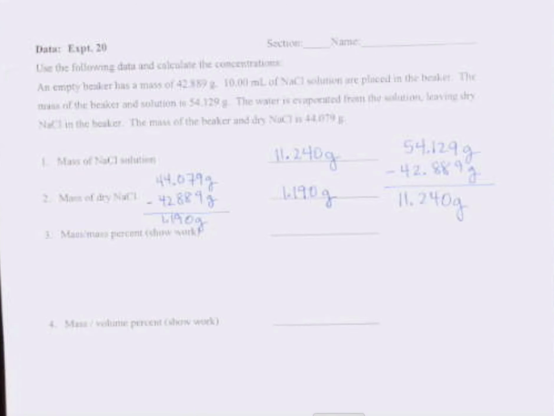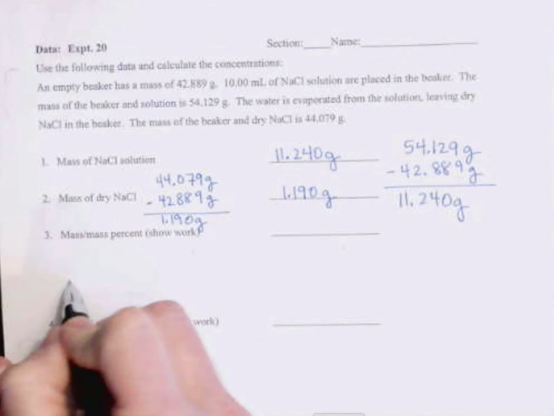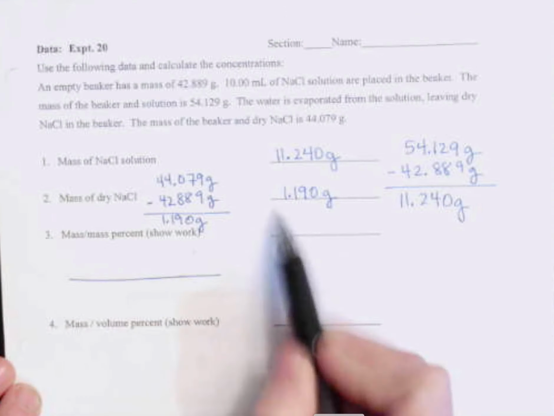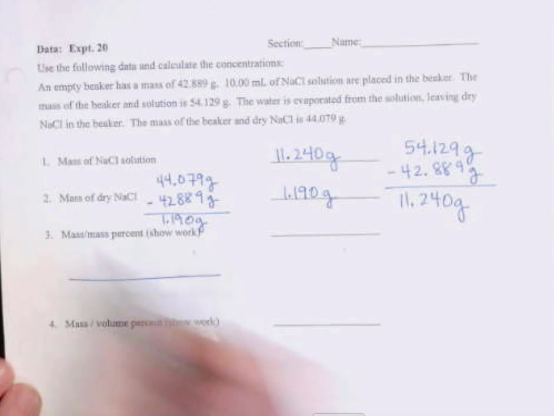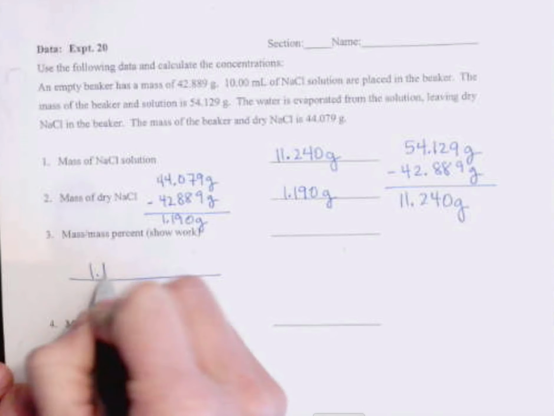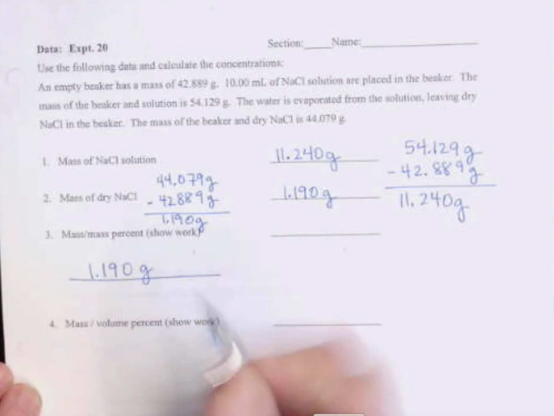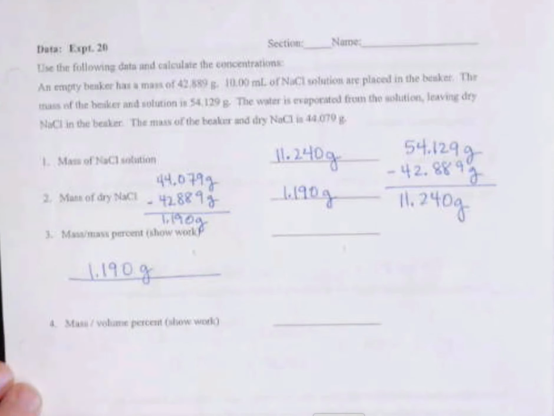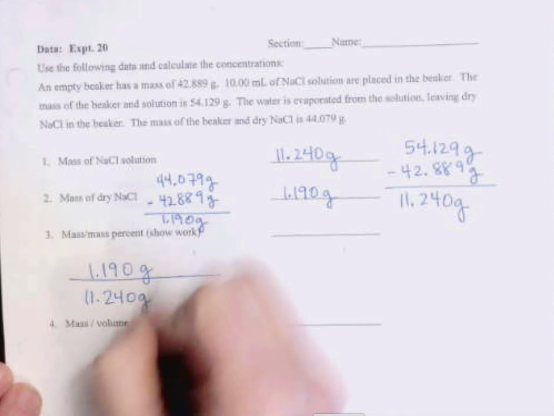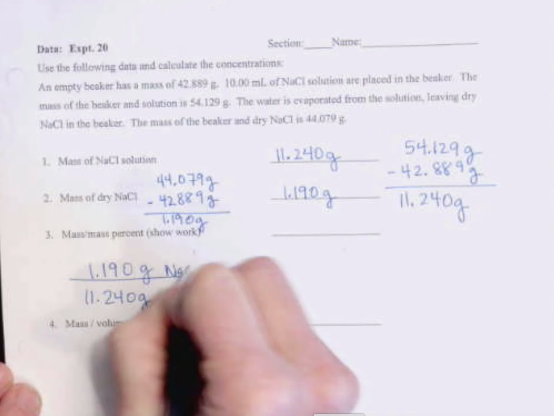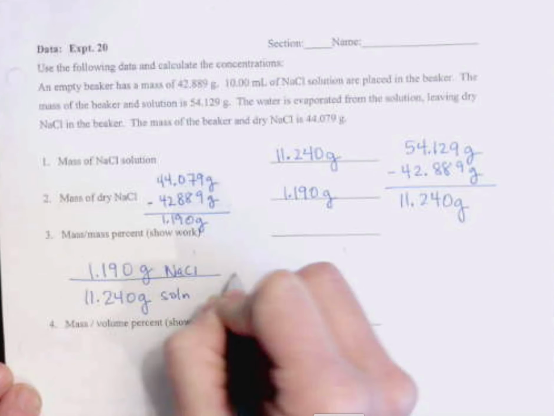So we have a lot of the key information to calculate these next things. So we have grams of solute, grams of solution, so we can very easily calculate the mass percent. When I say easily, I'm not trying to be condescending, but it's there. It definitely gets easier the more you work these problems. So NaCl over the solution times 100.